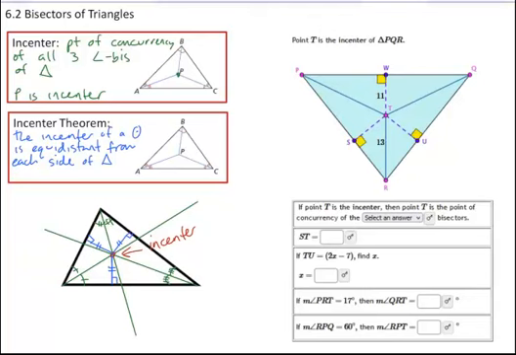So if you took that incenter and you drew the same distance here, the same distance here, and the same distance here, what you're going to see is the only way that can happen is if there's a circle that's contained inside this triangle and is tangent to each of the sides of that triangle. So this is called an inscribed circle. Okay, so now the circle is inscribed in the triangle, whereas before we saw that the triangle was inscribed in the circle.